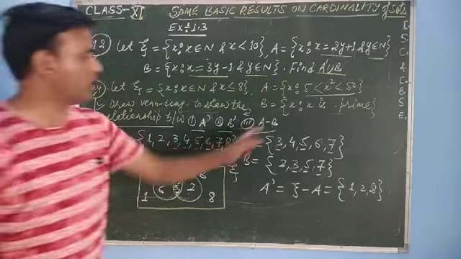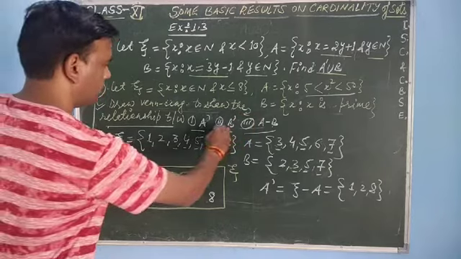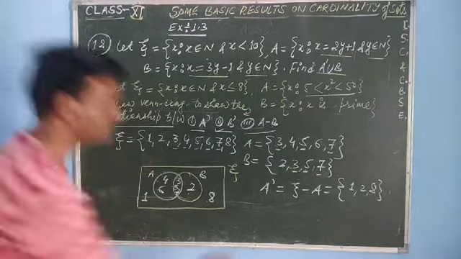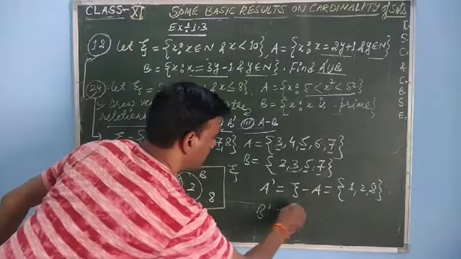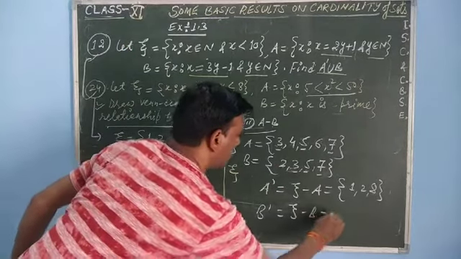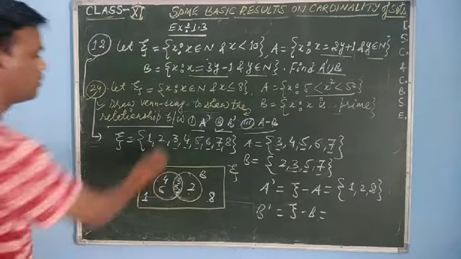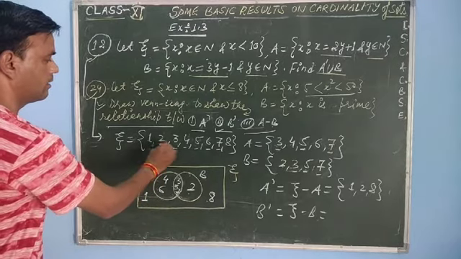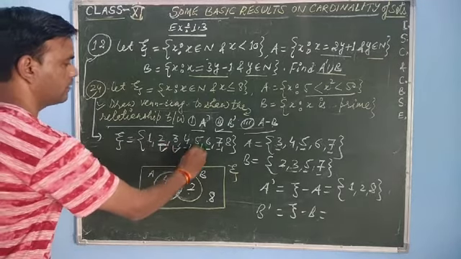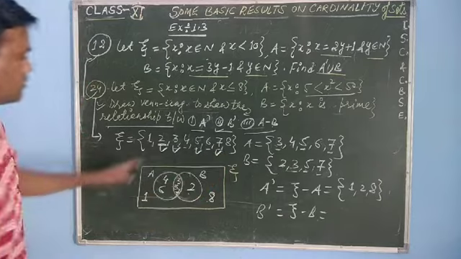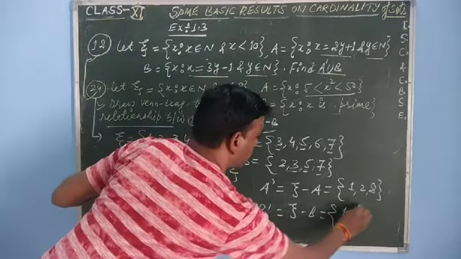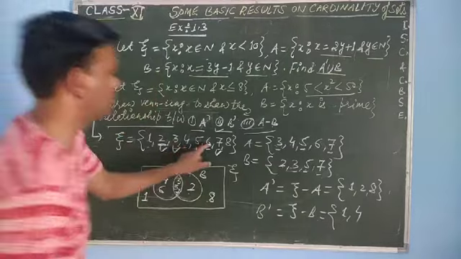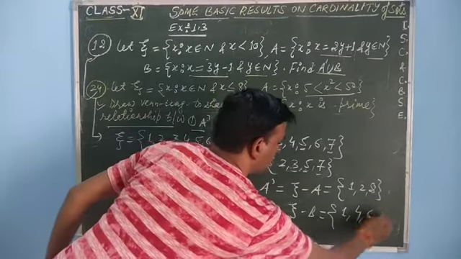Then the complement of B is also there. Complement B means E minus B, which means everything except 2, 3, 5, 7. So the elements left are 1, 4, 6, 8.